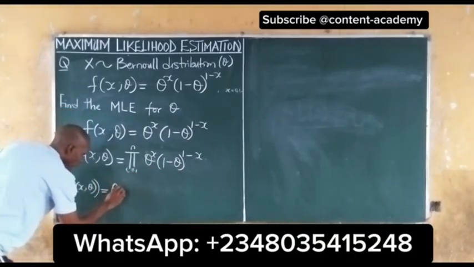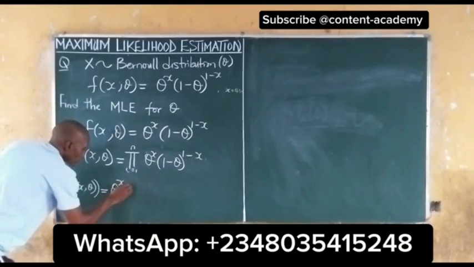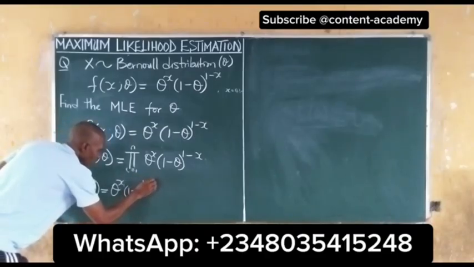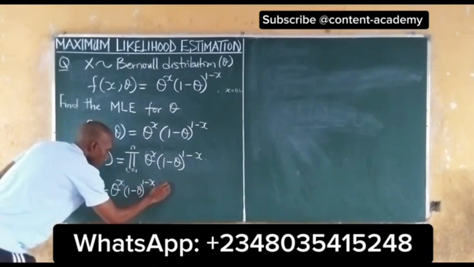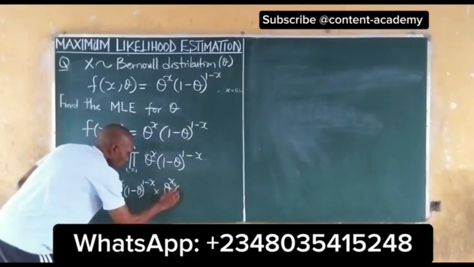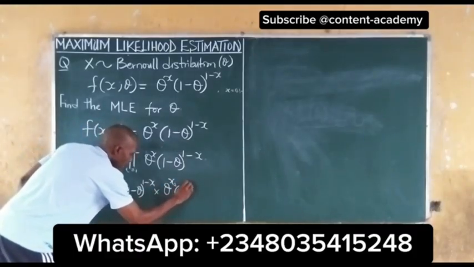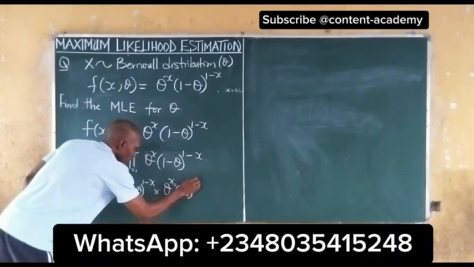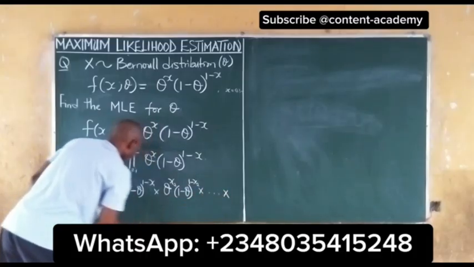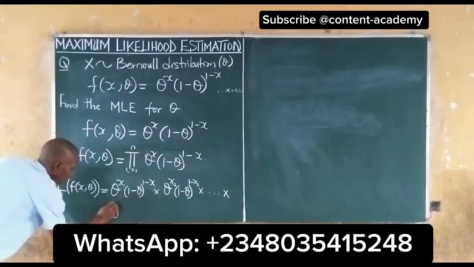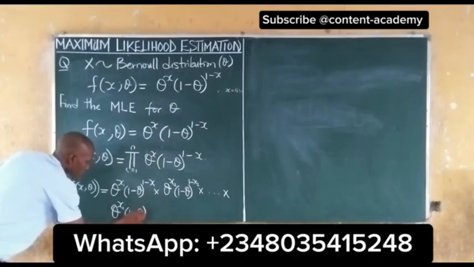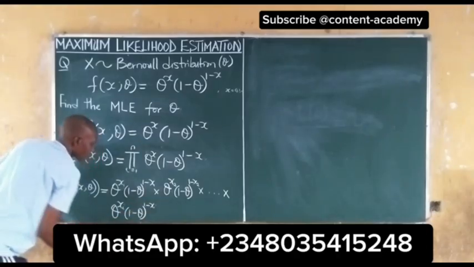The first one will give us theta to the x1, into 1 minus theta to the 1 minus x1, multiplied by theta to the x2, which is the second one, into 1 minus theta to the 1 minus x2, multiplied by, it continues that way, to give us theta to the xi into 1 minus theta to the 1 minus xi.